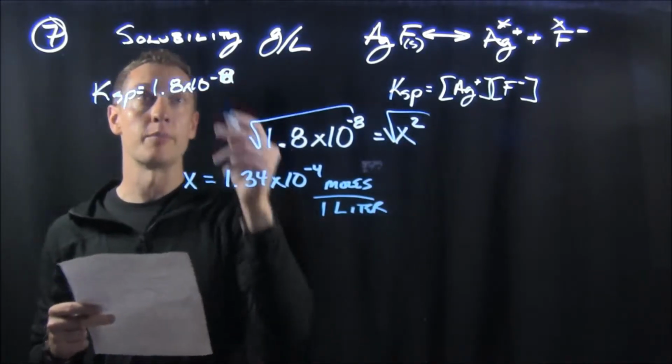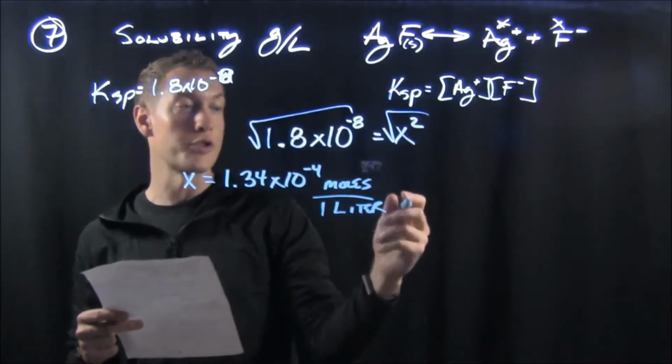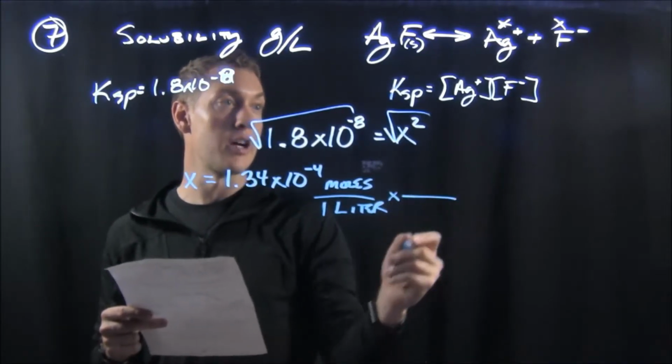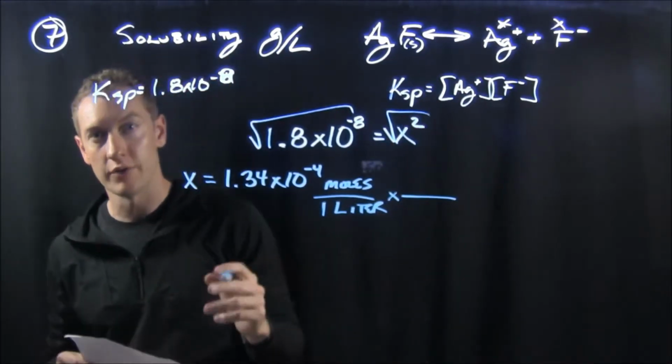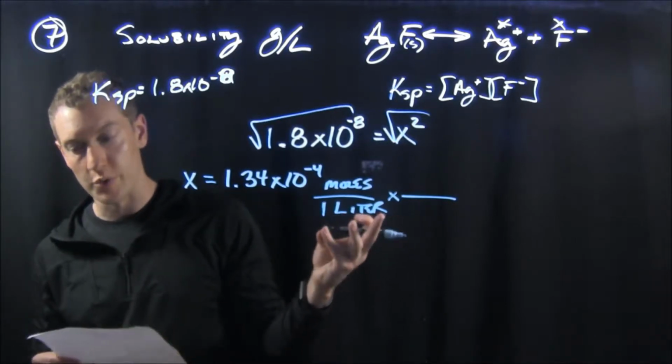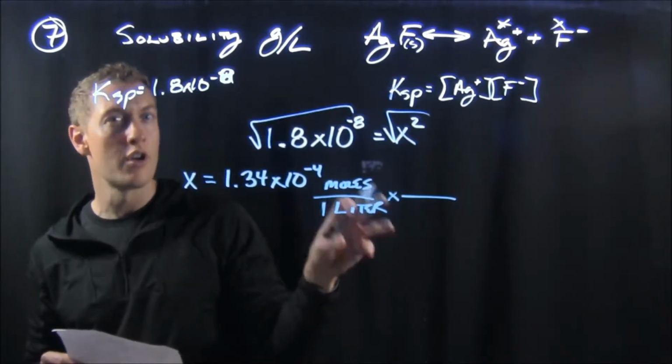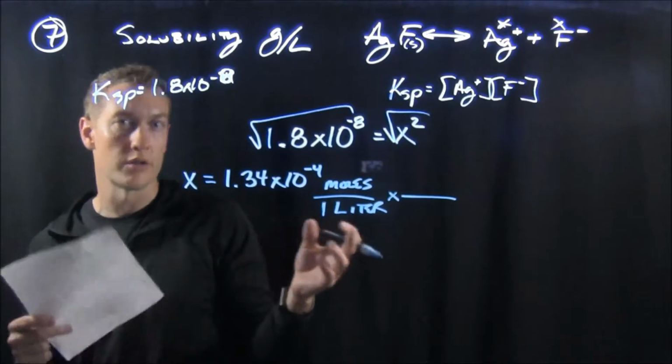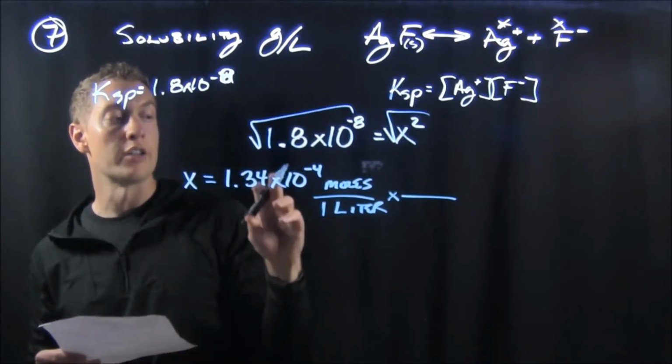So then to get to grams per liter, I need to convert moles to grams. So we're going to take that times silver fluoride. If you look on a periodic table, silver is 107.87. Fluoride, it just depends on if it's charged, is 19.